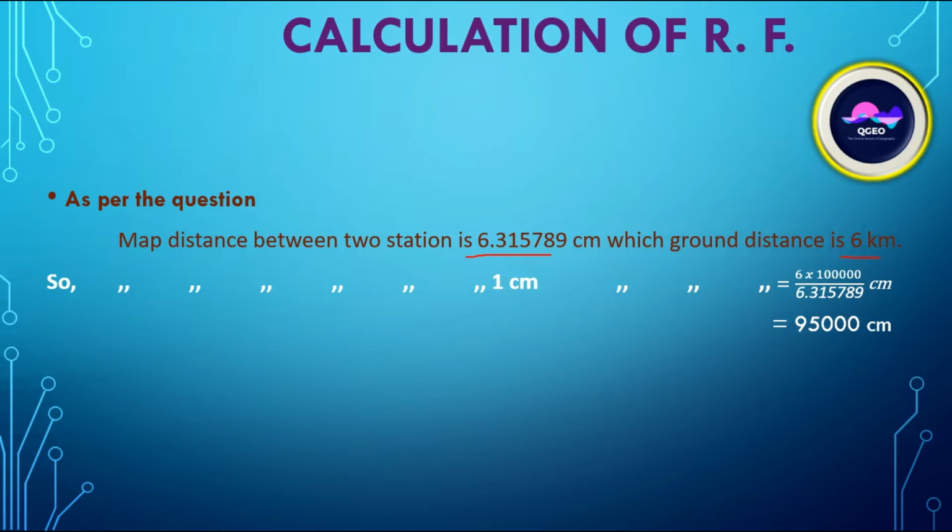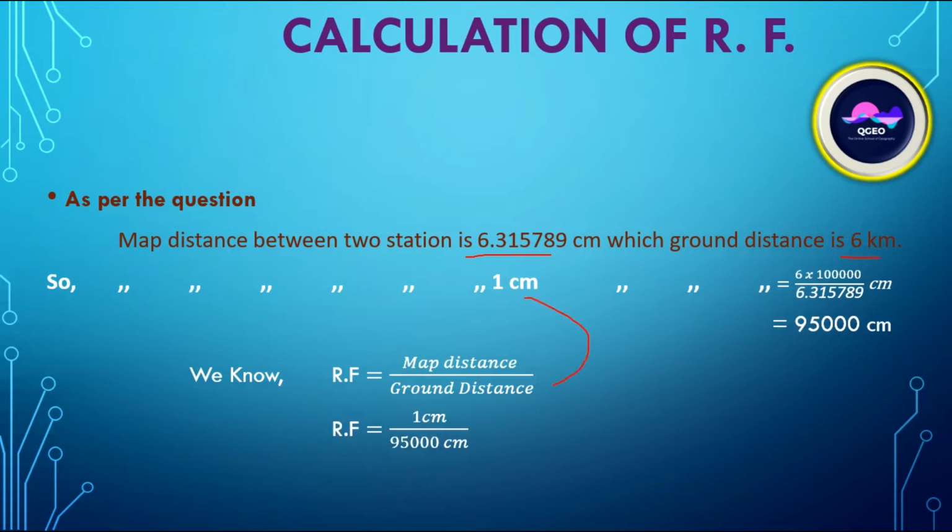Okay, now we know RF of the map distance. RF is equal to map distance by ground distance. RF is the ratio between map distance and ground distance. So here 1 centimeter is the map distance, and here this is the ground distance.